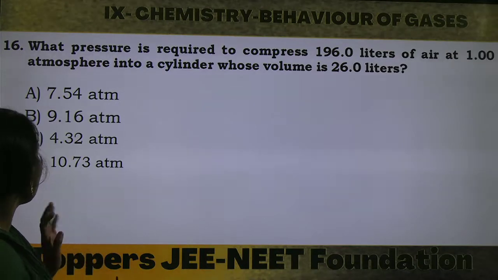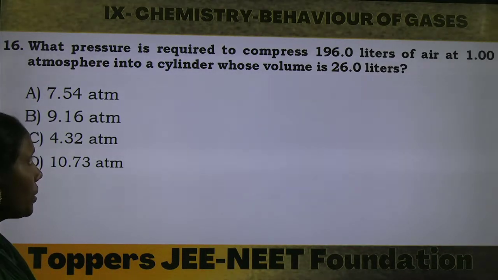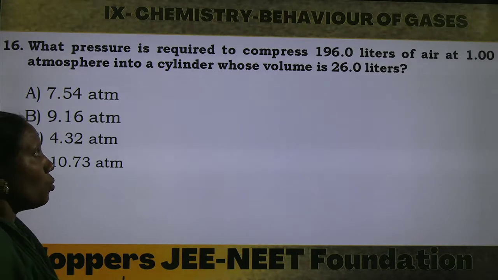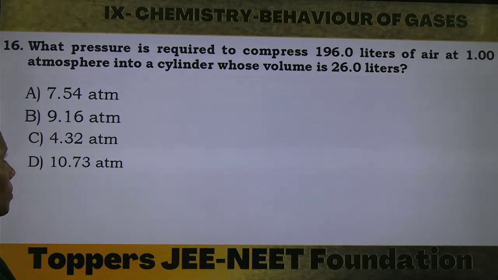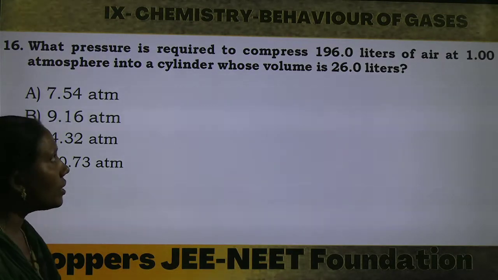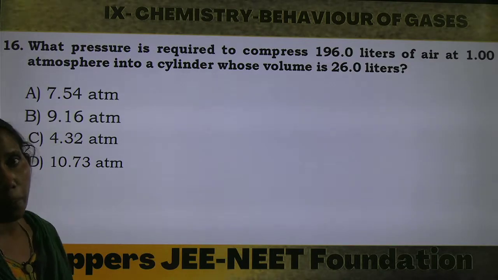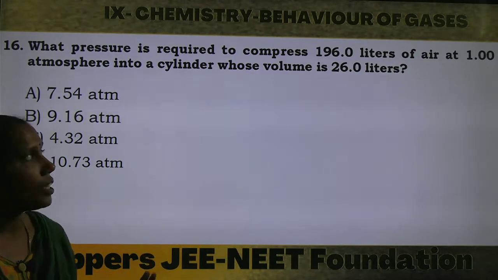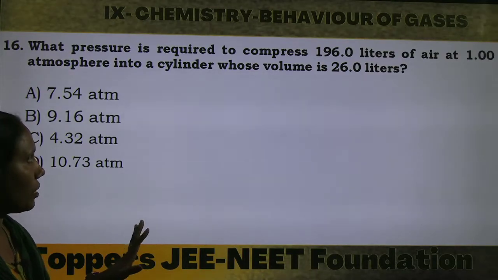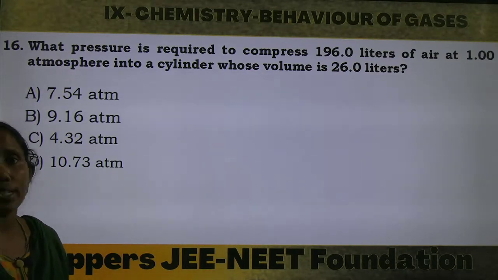Comes to the next question. What pressure is required to compress 196 liters of air at 1 atmosphere into a cylinder whose volume is 26 liters? Here the information is given about pressures and again they are measuring volume, so this is also based on Boyle's law only.